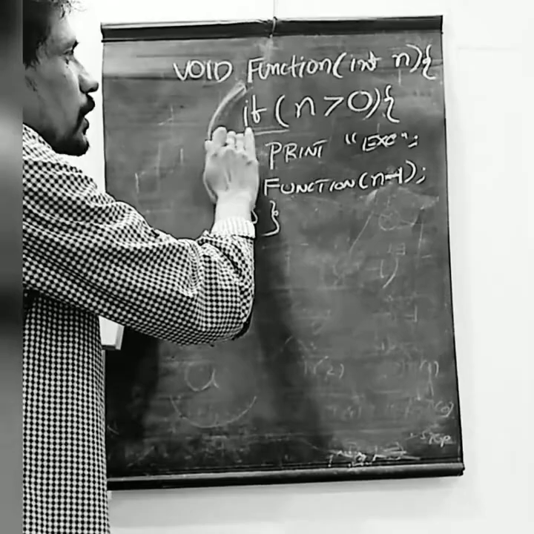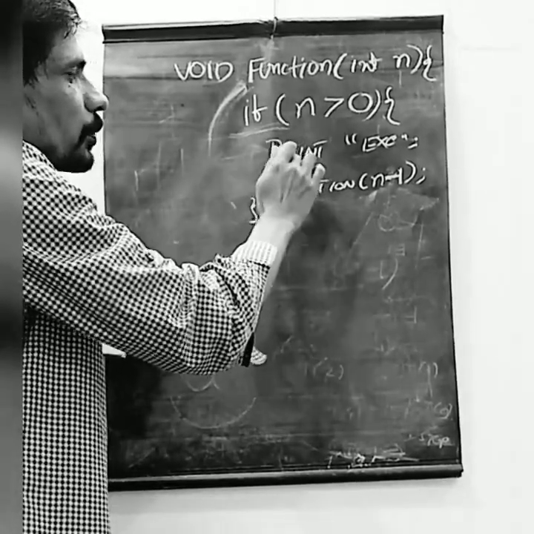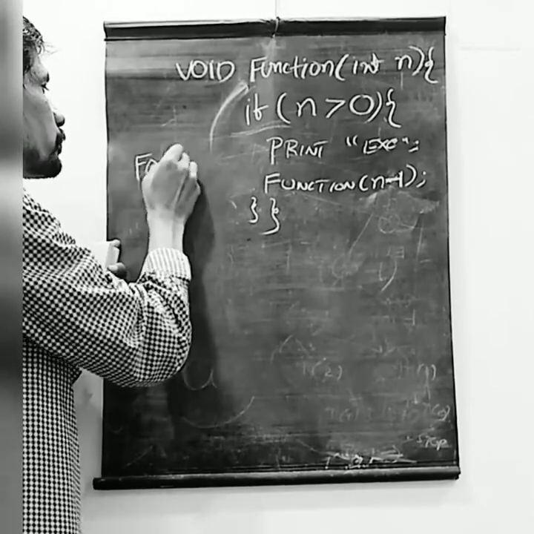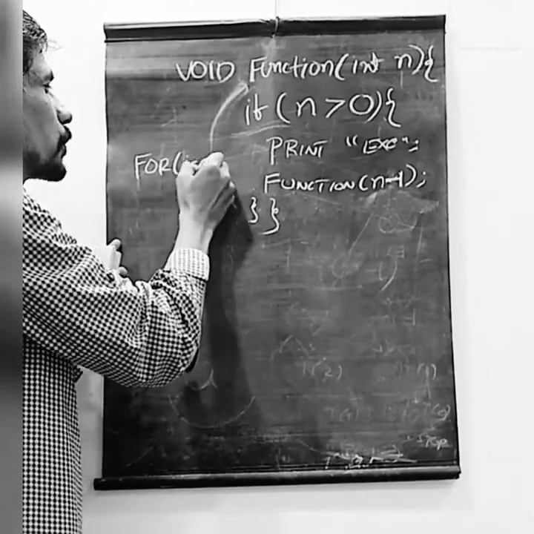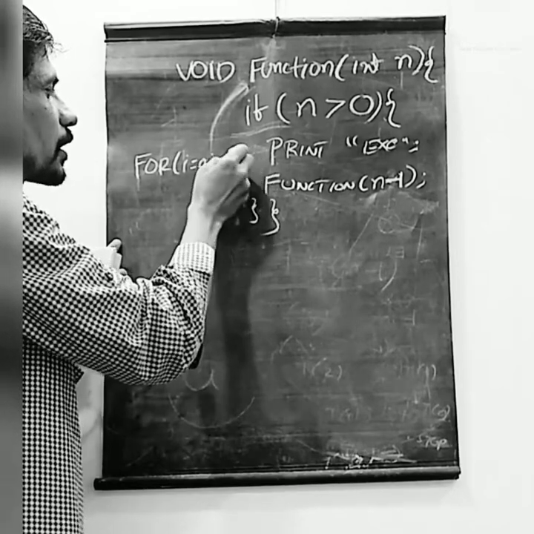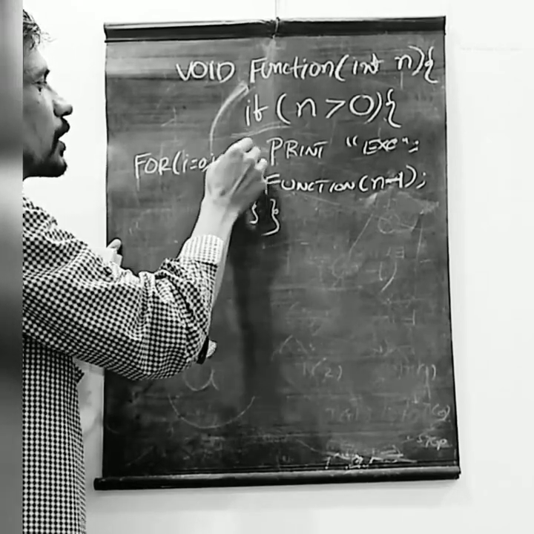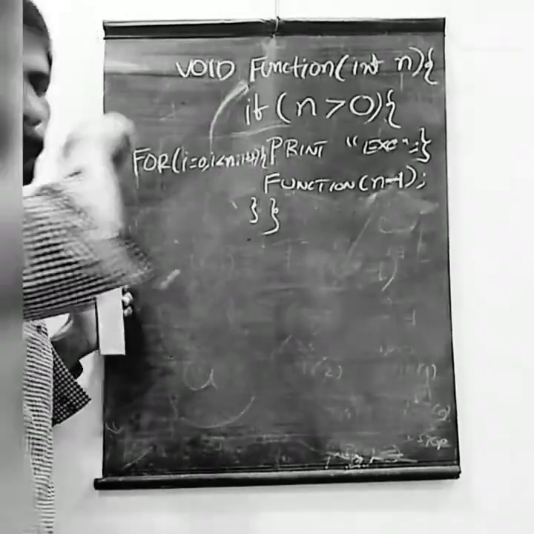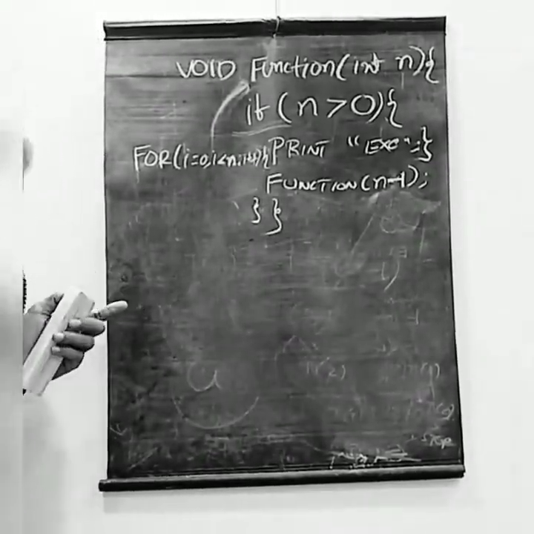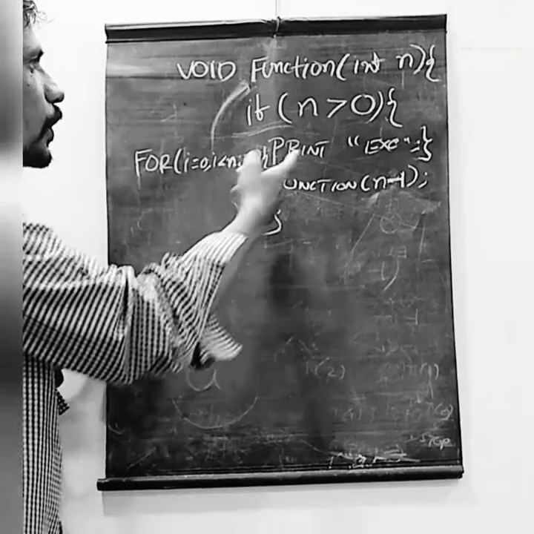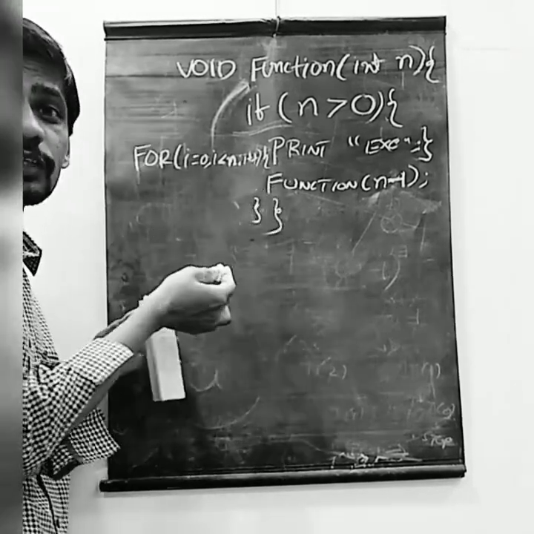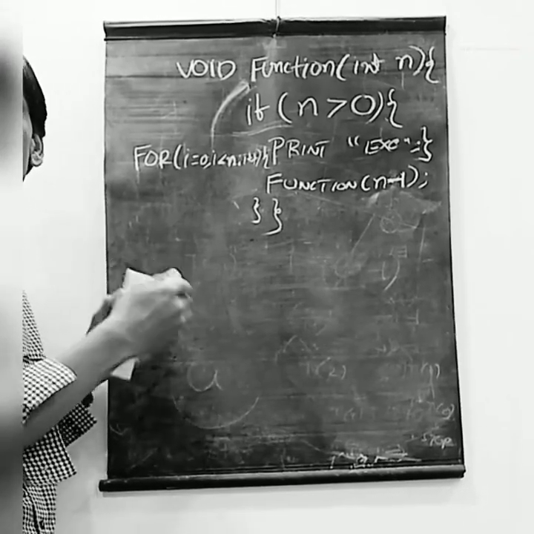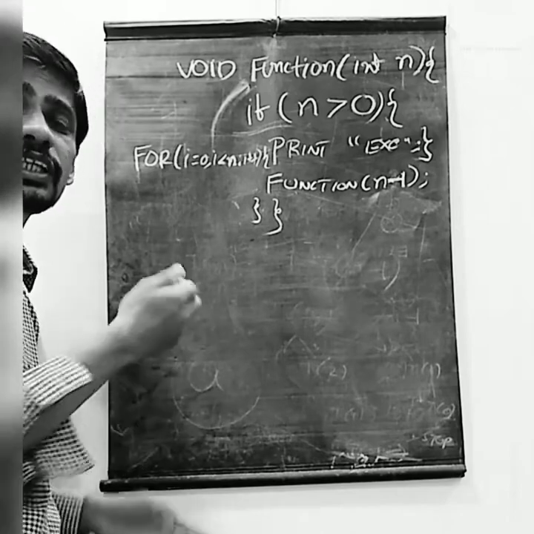Now, in between, we will print this statement in a for loop: for i equals 0, i less than something, i plus plus.